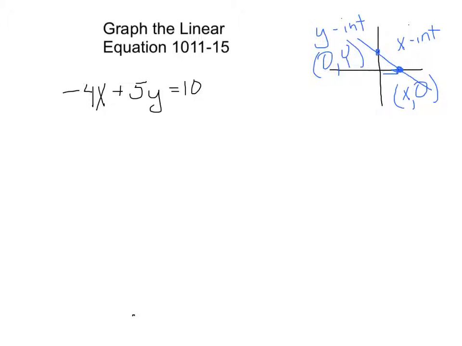So, if I wanted to graph this equation using intercepts, I need to see what x is when y is 0. So, I would rewrite the equation, substituting in 0 for y, and solving.